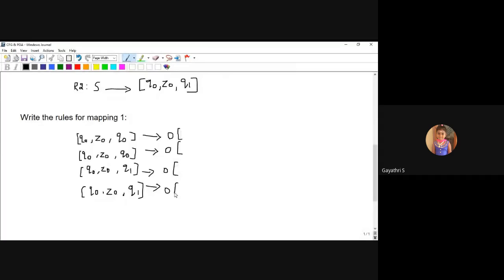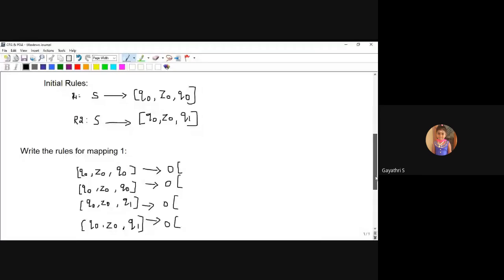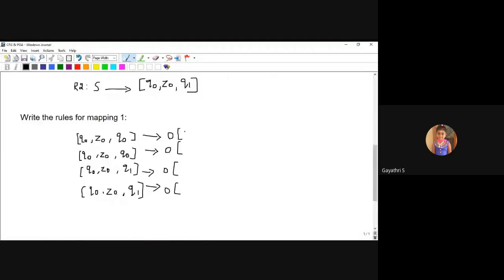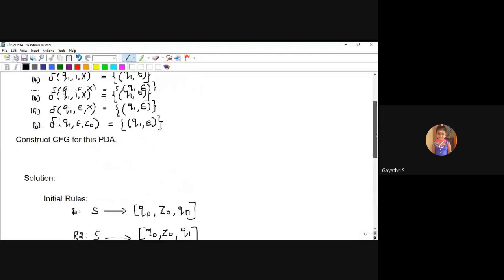The first element in the right hand side is q naught. So all rules should start with q naught. Then next, see here the variables are x, z naught.